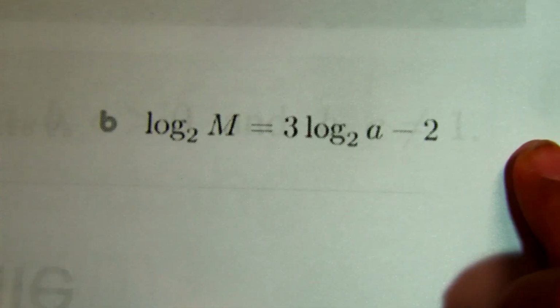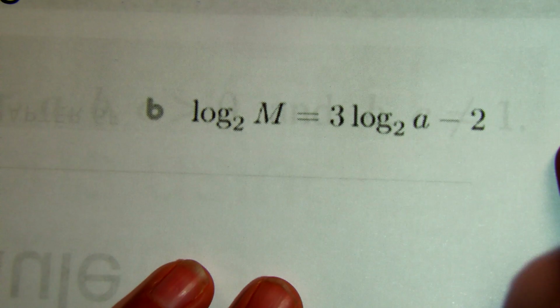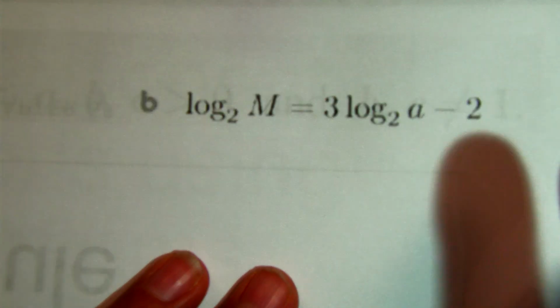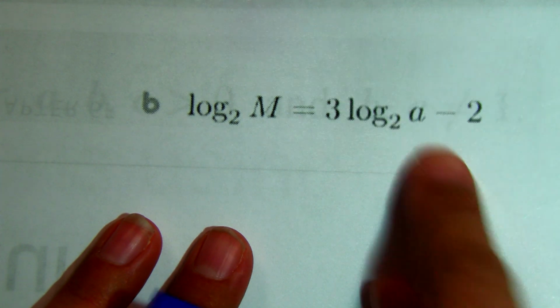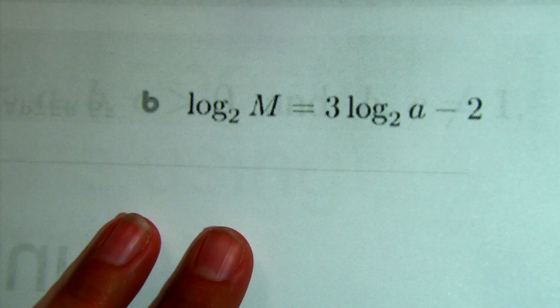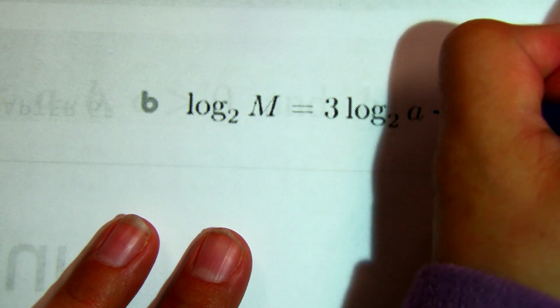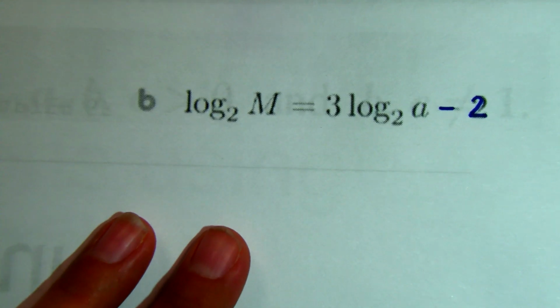Alright. So just like in the do now, I need to write 2, that's a negative 2, FYI, to have a log.